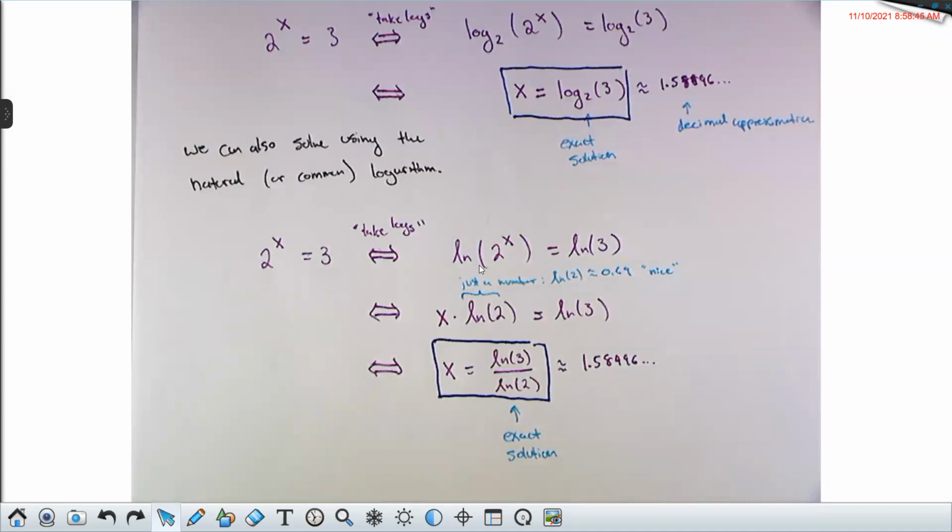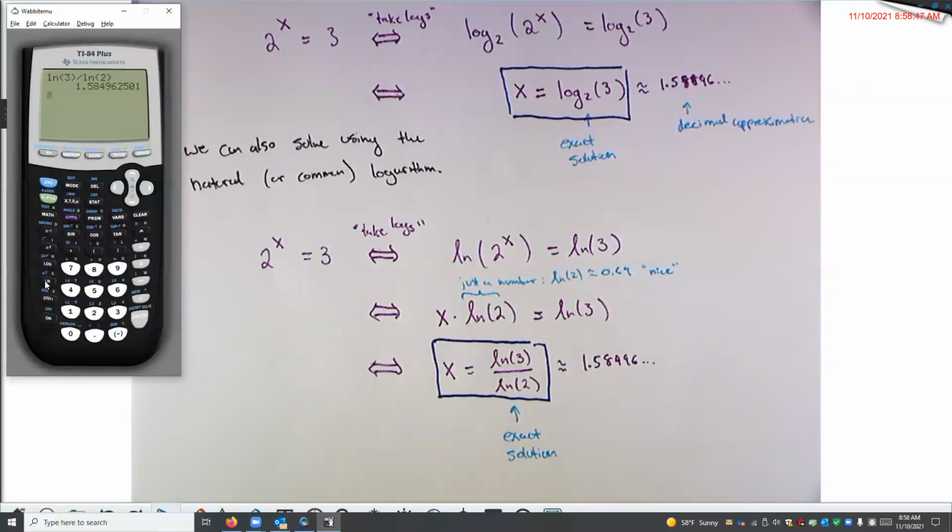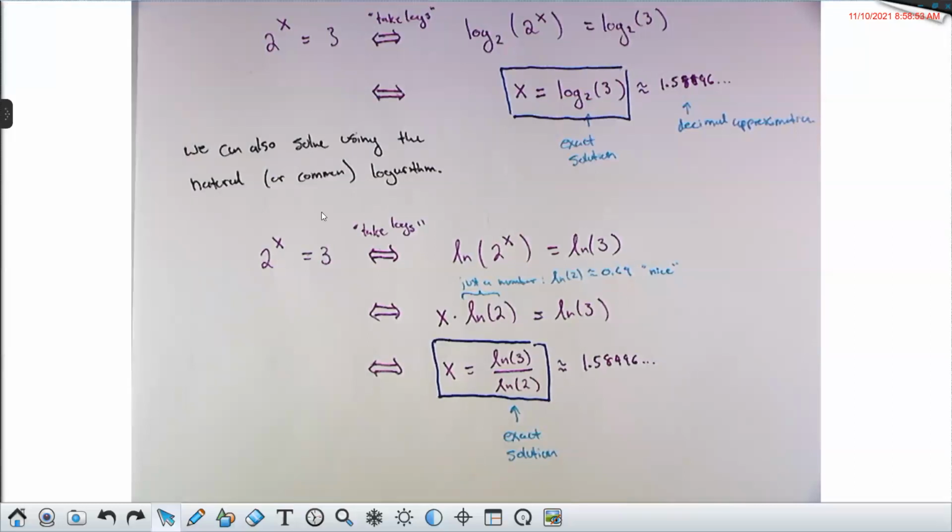Multiple reasons. If you like, one of them is that you have a natural log button on your calculator. You don't have a base 2 log button on your calculator. So when I take logs on both sides of an exponential equation, I'm going to take the natural log. You could use other logs, and those will sometimes clean up a little faster.